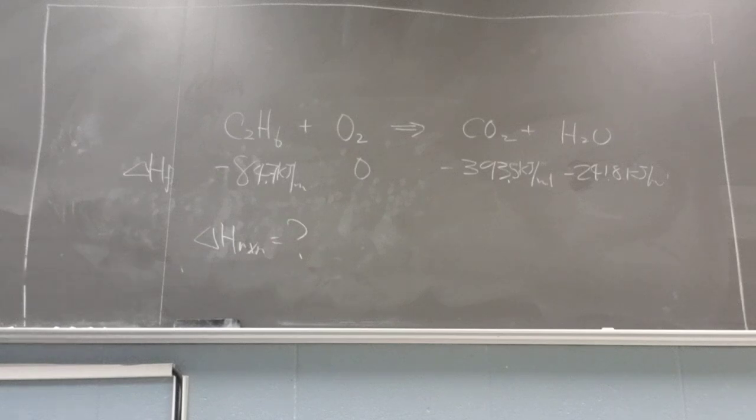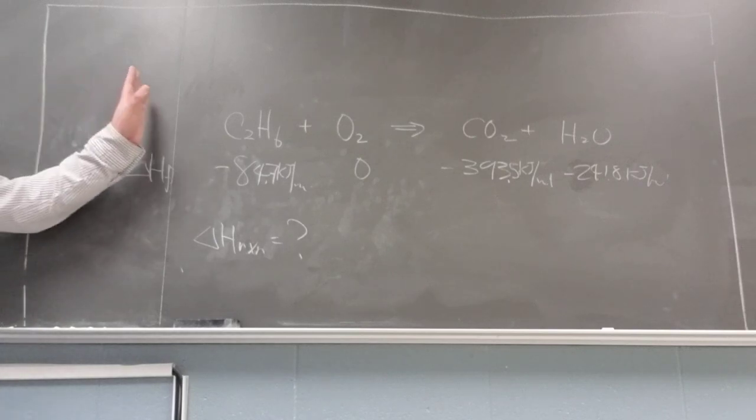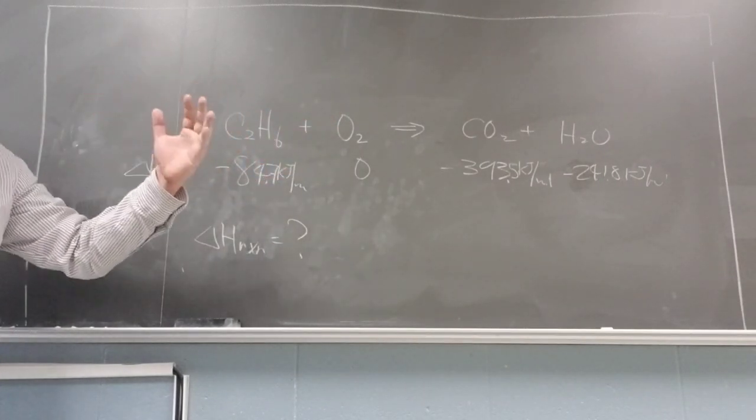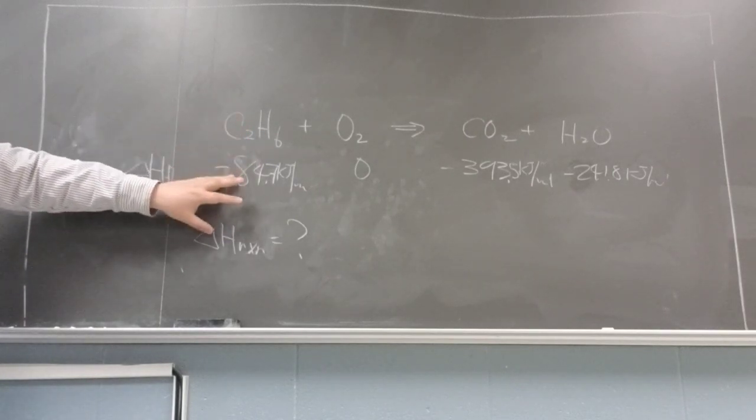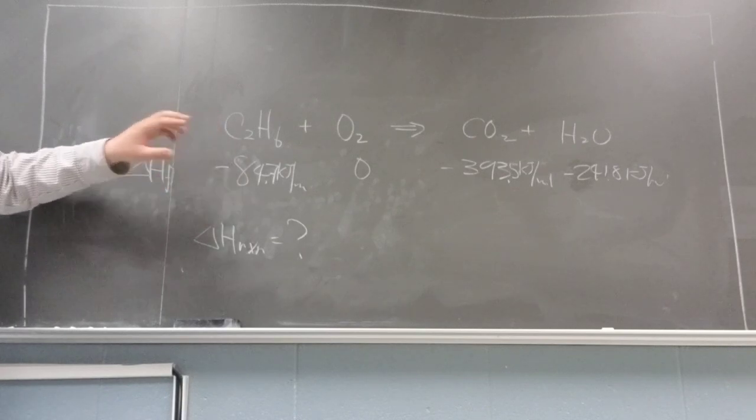Okay, about 2 or 3 minutes, we'll do this together. Okay, 1 or 2 minutes. Try to balance the equation first and do the sum of the products minus the sum of the reactants. But make sure you do multiplication of your enthalpy change of formation number by its coefficient.